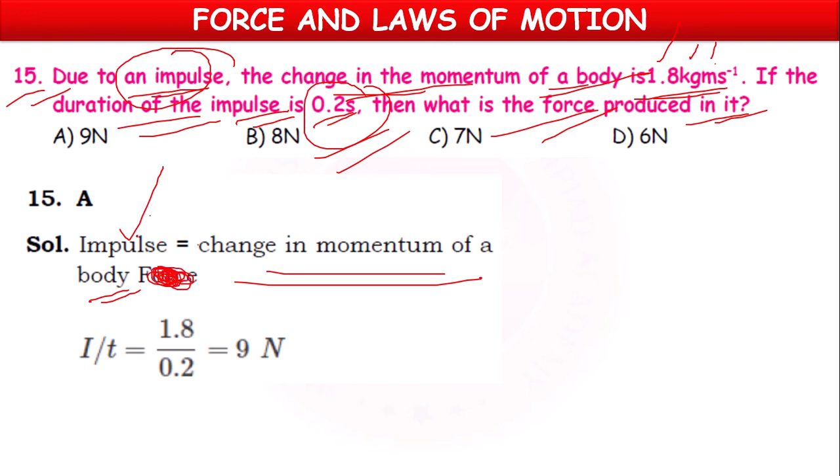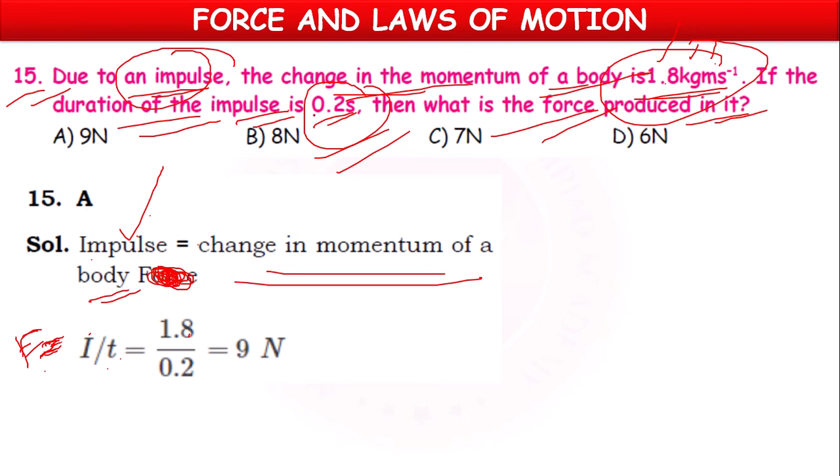So impulsive force, we can denote it with the F symbol, impulsive force equal to I by T. So I means here change in momentum, which is 1.8 kg meter per second, by time.